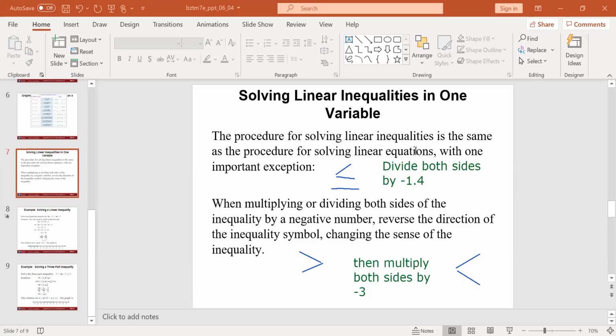I don't know why you'd do that, but if you had to divide both sides by a negative, you flip the sign like that. You just have it face the opposite direction. If it started with an or equal to, it'll still have an or equal to. If it didn't have an or equal to, it'll still not have one. So that doesn't change.